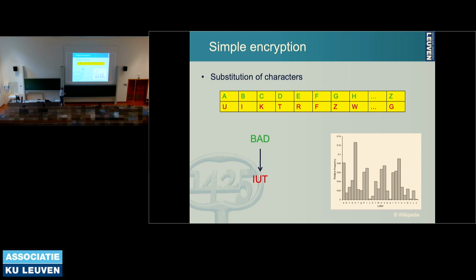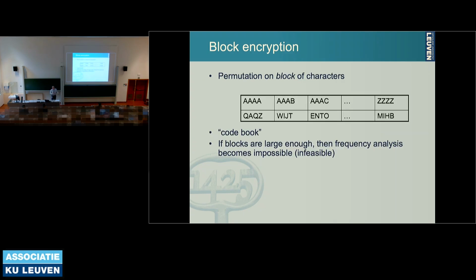And also, if your message is less than the square root of the size of this table, then it's very unlikely that you will see the same block more than once. So even if you could do statistics, you need a very large amount of ciphertext to start to make meaningful statistics. So it becomes secure.